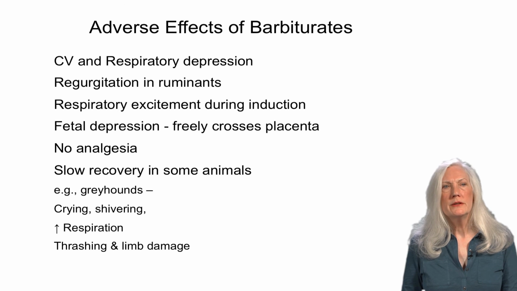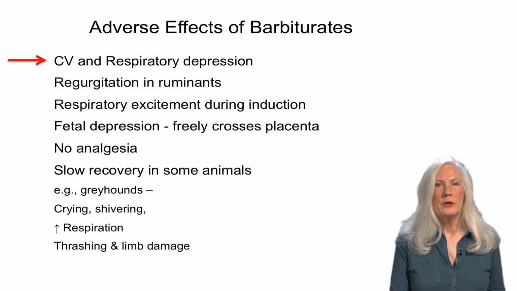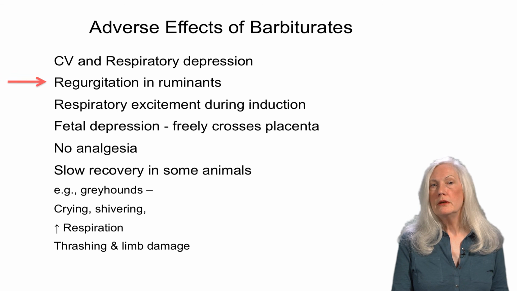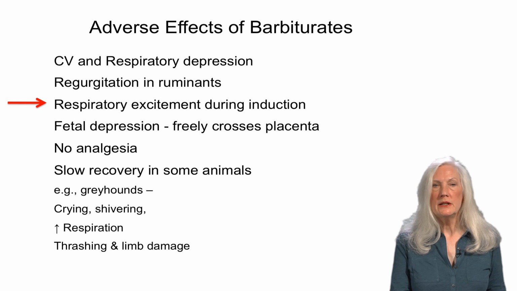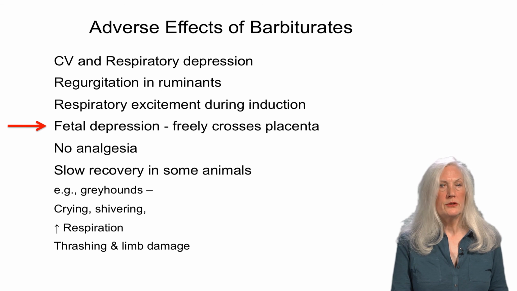So to summarize, the adverse effects of barbiturates include cardiovascular and respiratory depression, the possibility of regurgitation in ruminants, respiratory excitement during induction, especially if a sedative has not been administered, and fetal depression because the drugs do pass into the placenta.